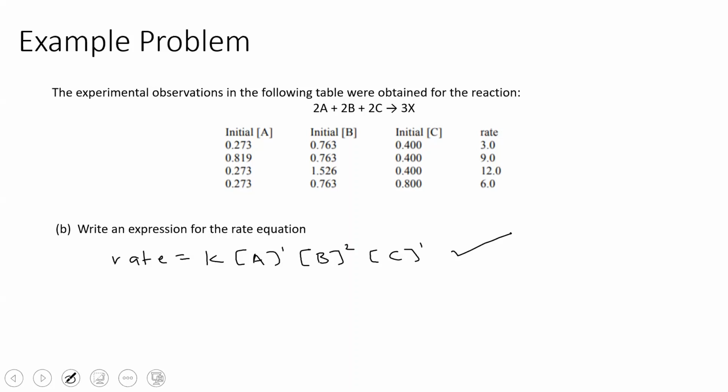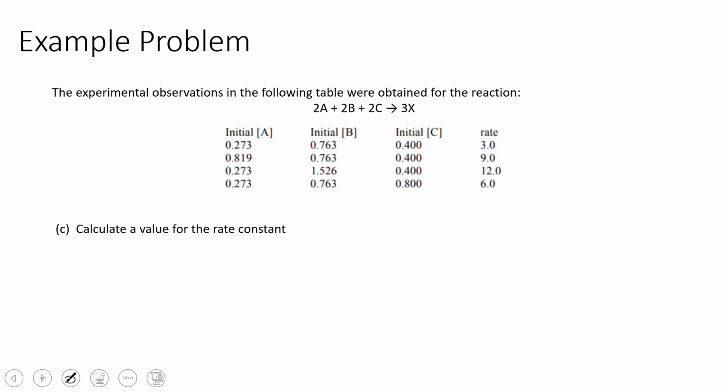Okay, now on to C. It says calculate a value for the rate constant. So now we're going to look for a value of K. Our equation is rate equals K times A times B squared times C. Now, what can we plug in for everything? Basically, we could plug in any row we want as long as we use all the numbers from that row.